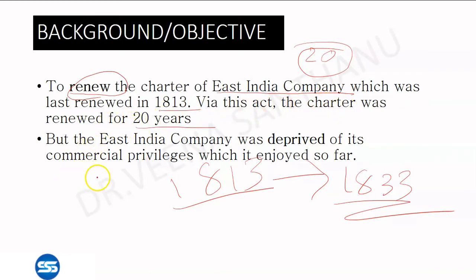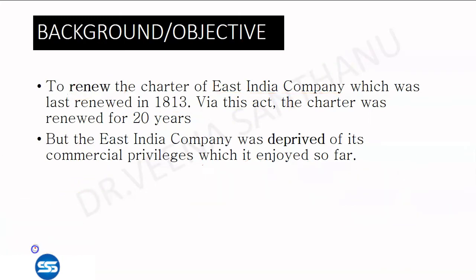But the problem regarding this act was that the British East India Company, or English East India Company, was deprived of its commercial privileges which they enjoyed so far. So you already know that in the 1773 Act, the Court of Directors had overpowered English East India Company in civil, military and revenue affairs.